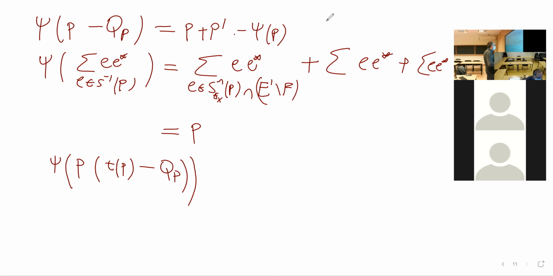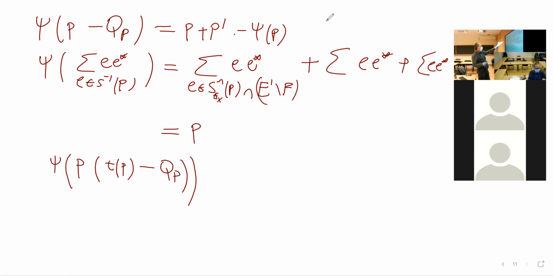Okay, but I think we already computed this part, P times QP. This has been done, right? And we concluded. What were we computing before? Now this is something different.